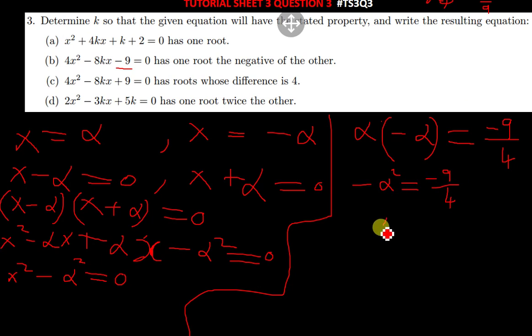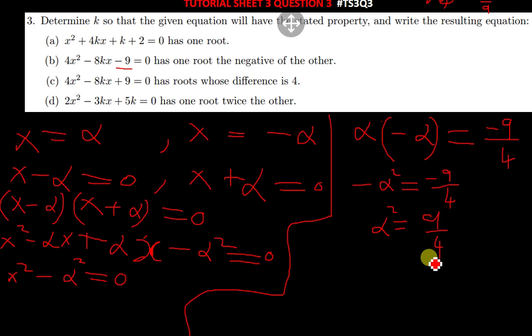So meaning my alpha squared will be equal to 9 over 4.